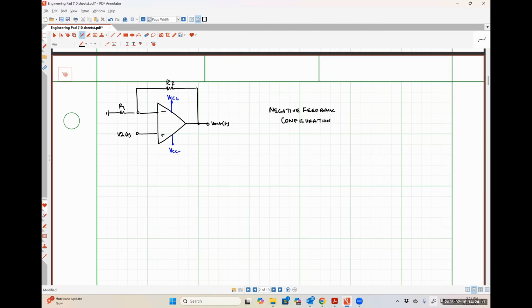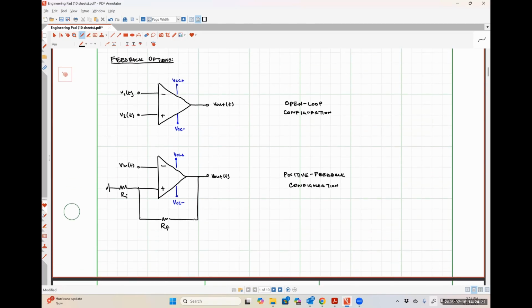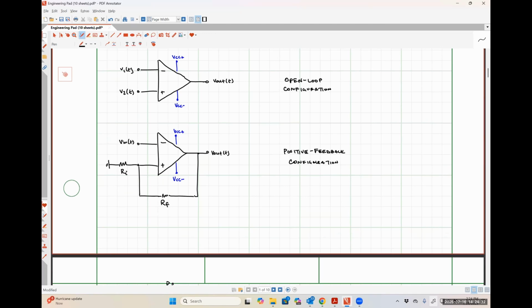So just to recap things really quickly here, open loop just means there isn't any feedback path whatsoever. So the output is not connected to either input terminal. In a positive feedback configuration, the output is connected through some conductive path. It might be a resistor, a capacitor, inductor, or a wire to the non-inverting input terminal.